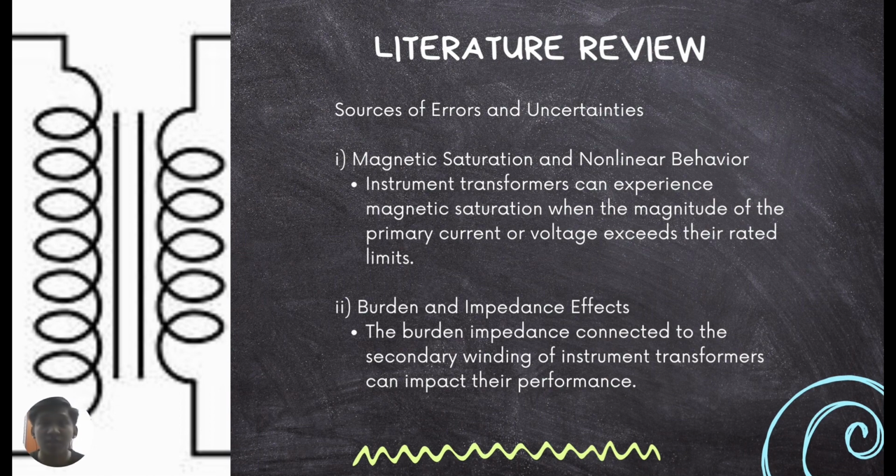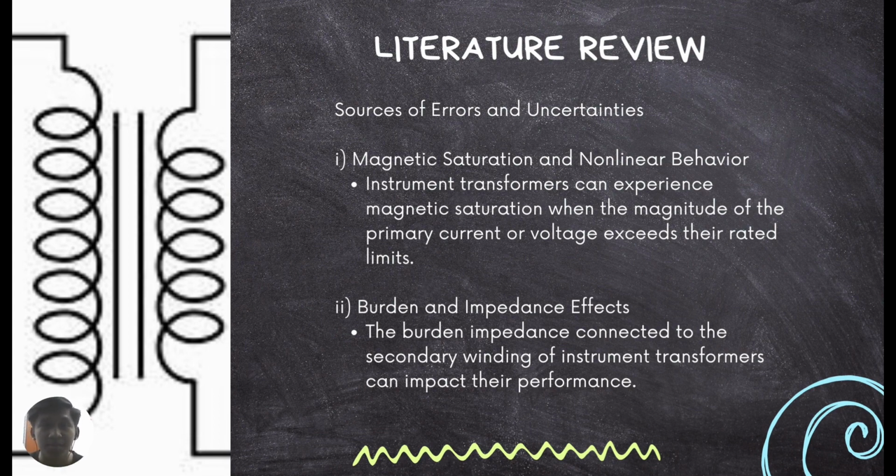For the next section of the literature review, it will represent the sources of error and uncertainties, where I provide two main points. The first one is magnetic saturation and non-linear behavior. The second one is burden and impedance effect.